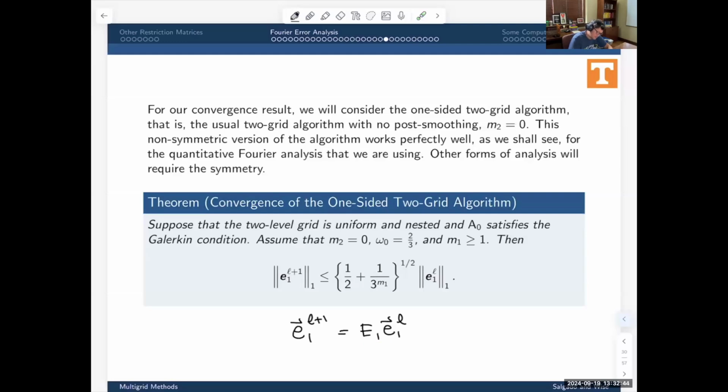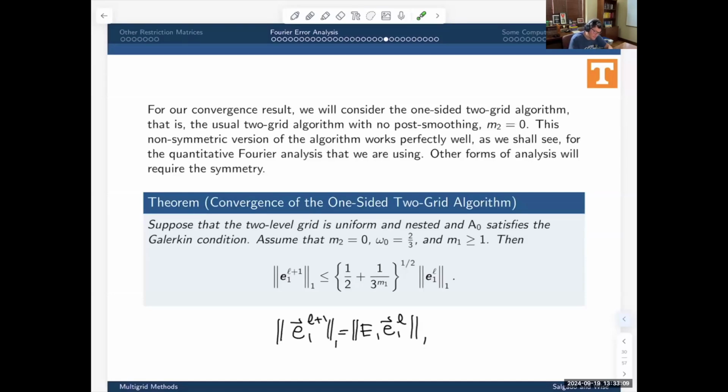And what we're going to do is take the level 1 norm. By the way, this does not mean the 1 norm. By putting the subscript 1, it means that we're doing the 2 norm, but on the 1 level. It's the usual Euclidean norm on the fine grid level.